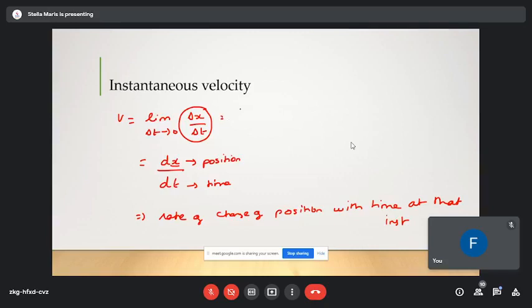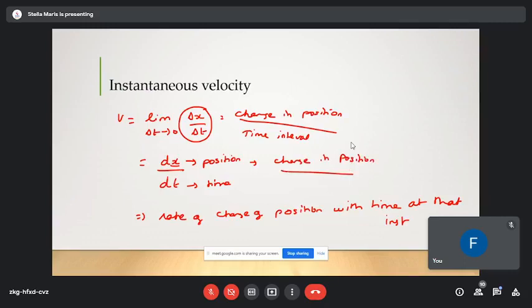This tells us the change in position within a time interval. Here, this dx is nothing but change in position, and this dt is nothing but at that instant. Now are you clear?